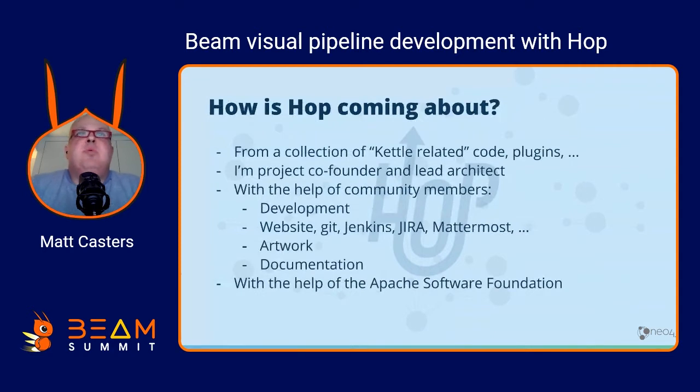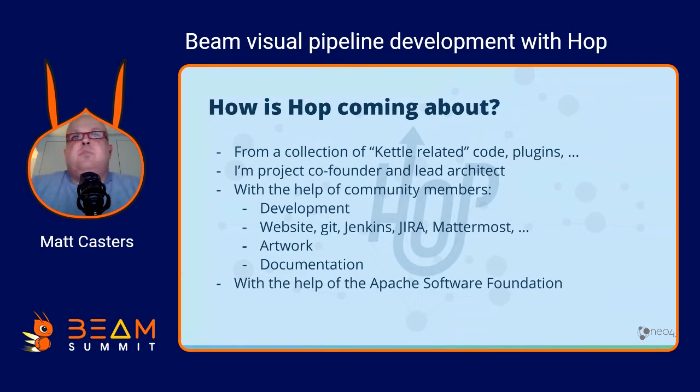And so it's coming from a collection of, let's say, Kettle-related code, a certain version, 8.2, something that we picked, plus bug fixes, plus a whole series of plugins, plus a different branch for the web part. It all got merged together into Hop, together with a whole bunch of refactorings.